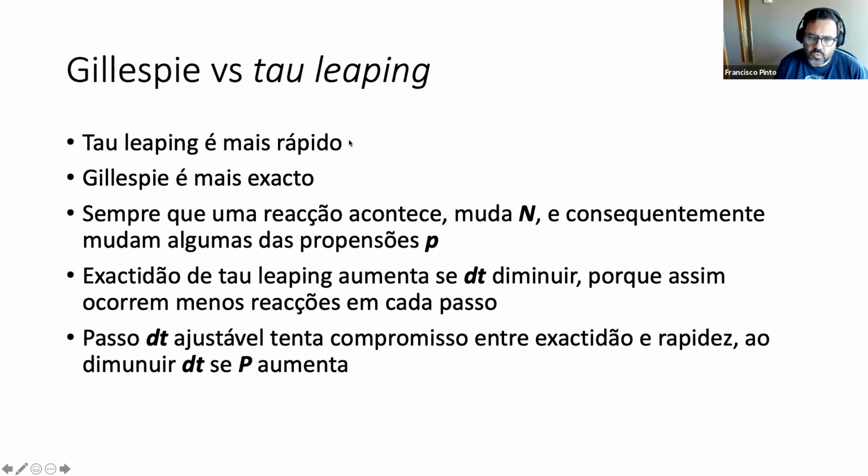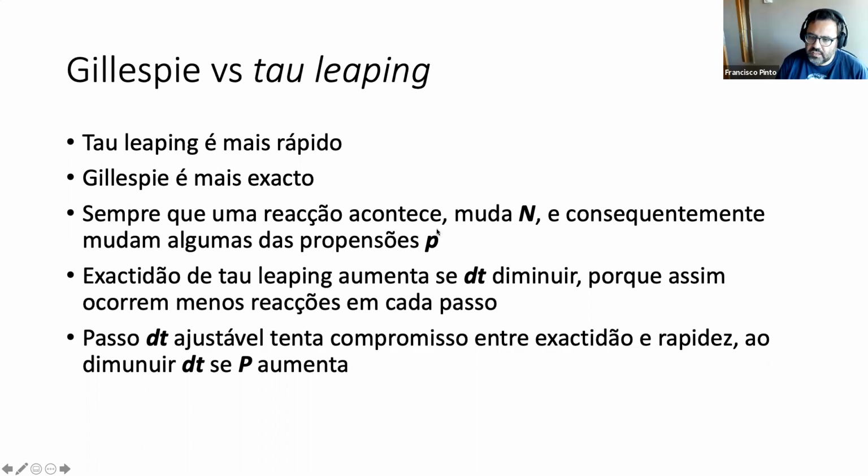So the tau-leaping is quicker. Gillespie is more exact. Why? Because every time a reaction occurs in the Gillespie algorithm, n is immediately changed, and consequently all the propensities are changed.